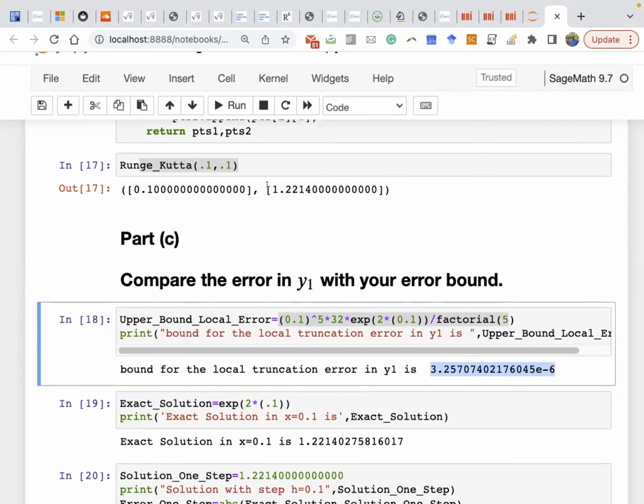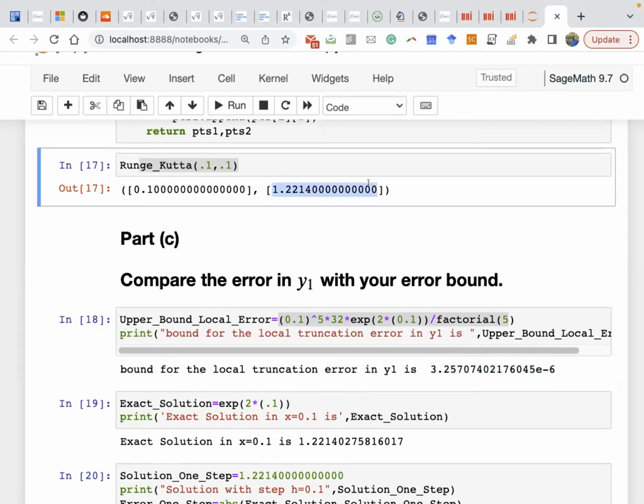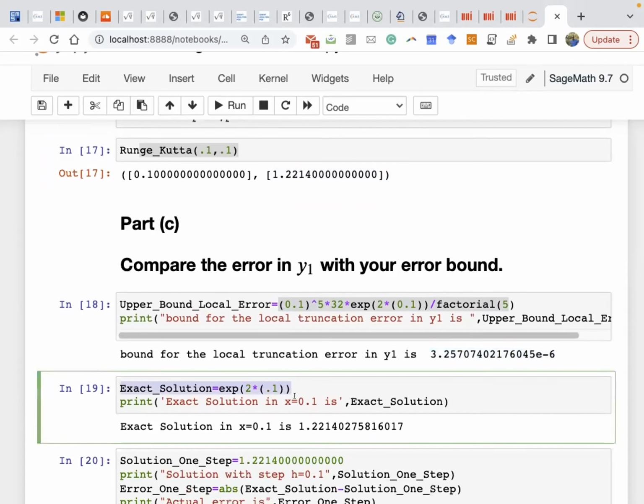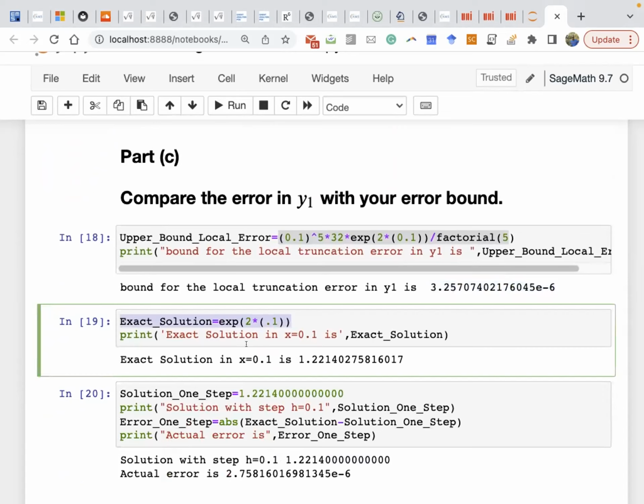Now, obviously, if I've got the exact solution, the absolute value of the exact solution, and this 1.2 must be less than this. Okay? So the exact solution is coming from this guy, e to the 2x, e to the 2 times 1/10.